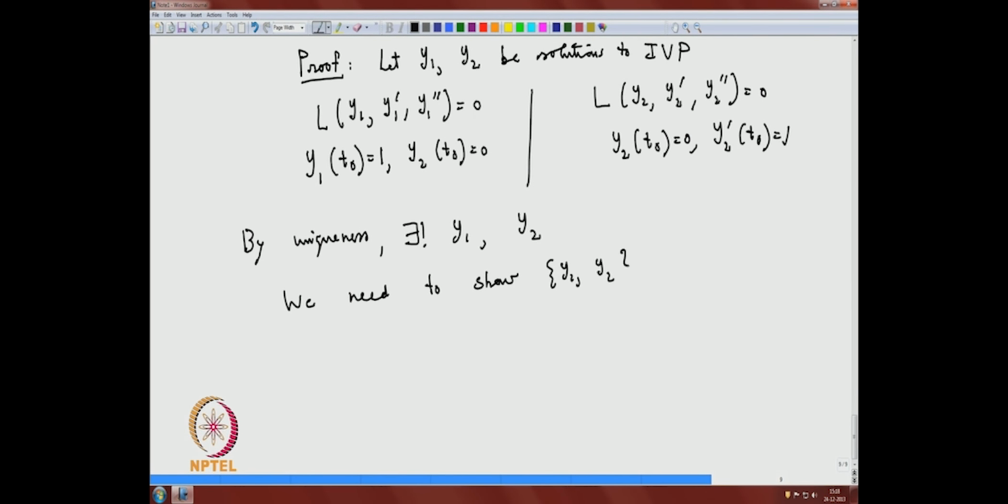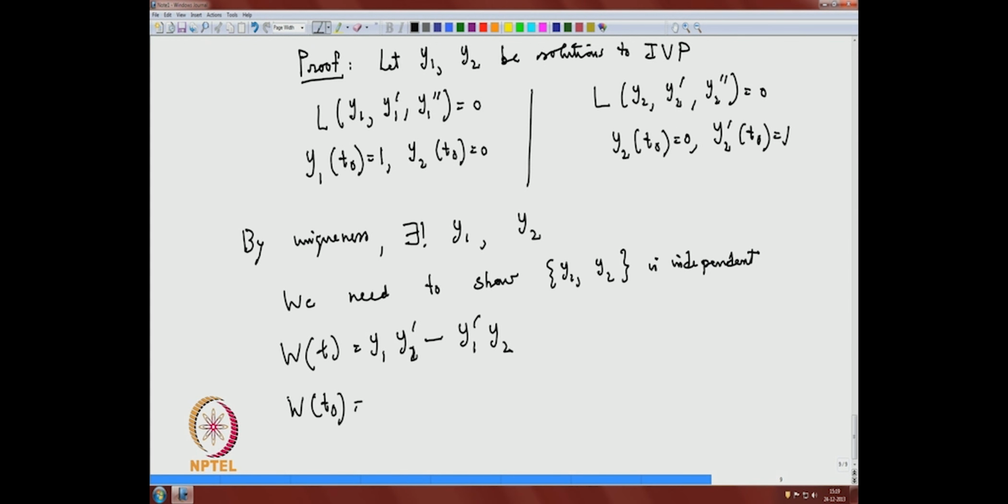How do you show y1, y2 are independent? Just compute the Wronskian. What is the Wronskian W(t)? W(t) is nothing but y1 y2 prime minus y1 prime y2. And what is W at t naught?